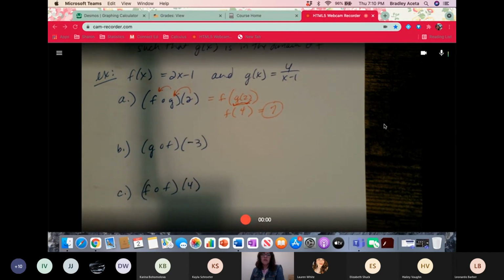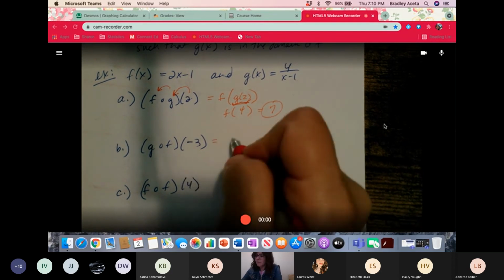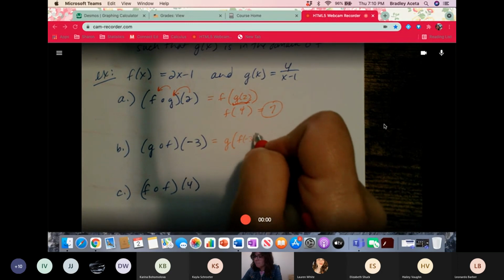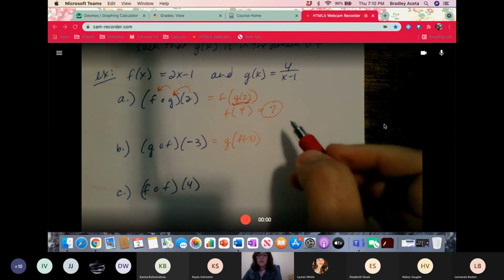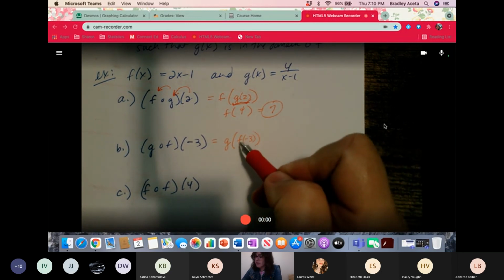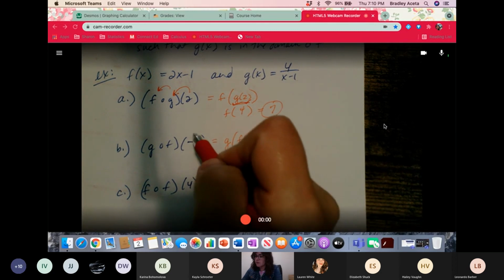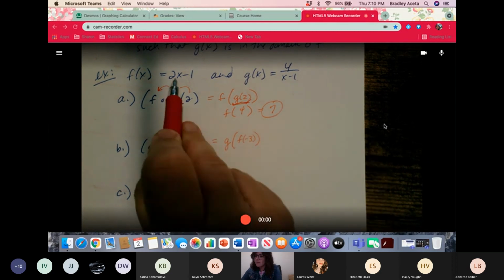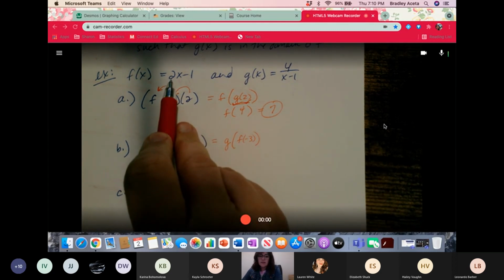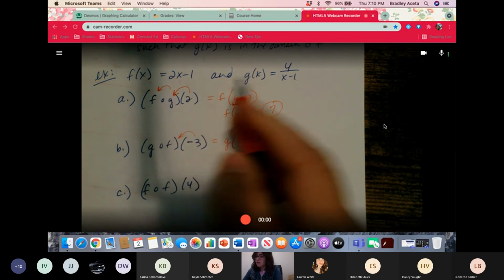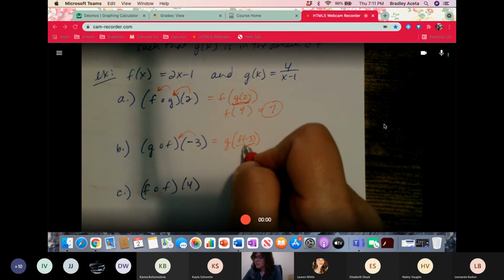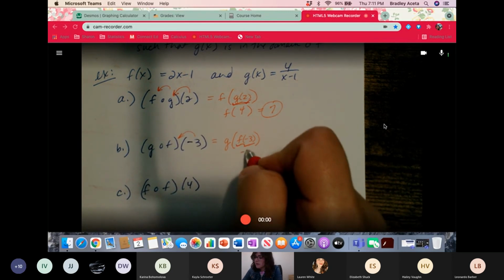Okay, let's do the g o f of -3. So that means I want the g of the f of -3. So I want to put a -3 into the f function first. So -3 times 2 is -6. -6 minus 1 is -7. So this right here is -7.